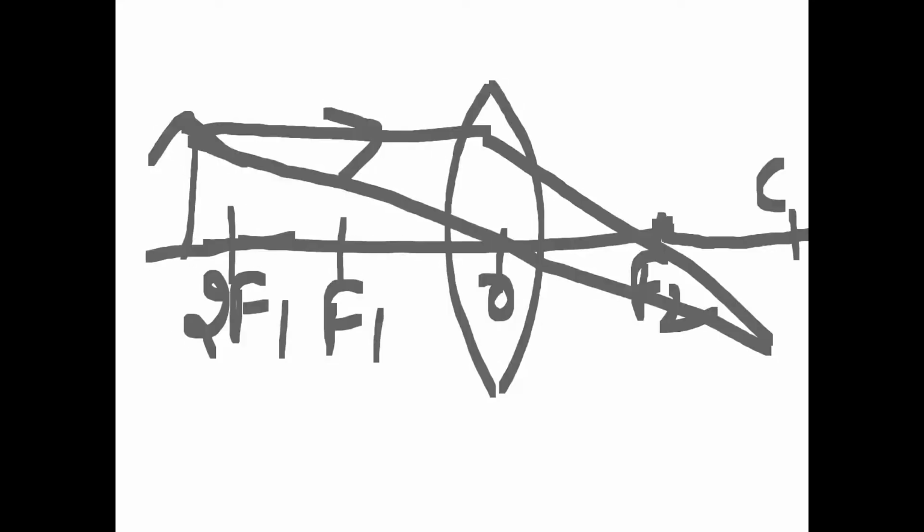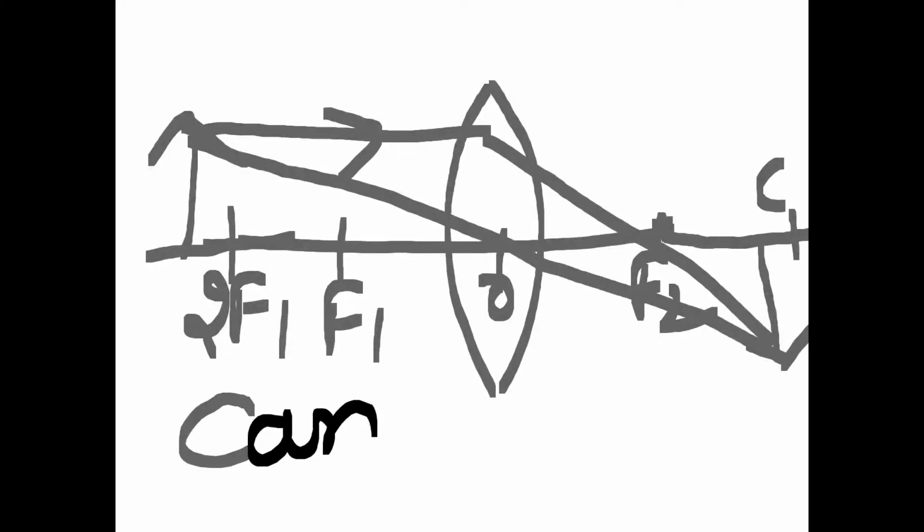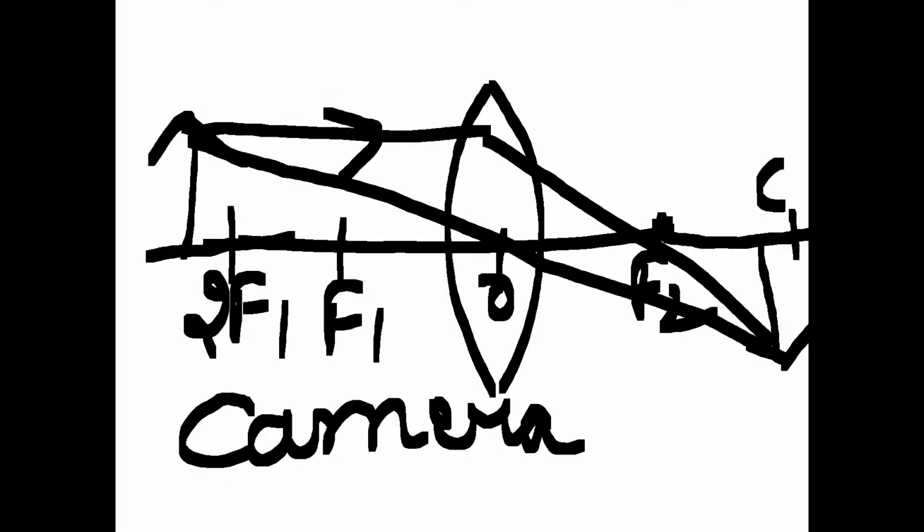This is center of curvature. Here the image will be formed. Rays are actually meeting, so therefore it is real and inverted, and diminished. And please remember, it is used in camera. This kind of image you can see in camera, right? This is important to note.